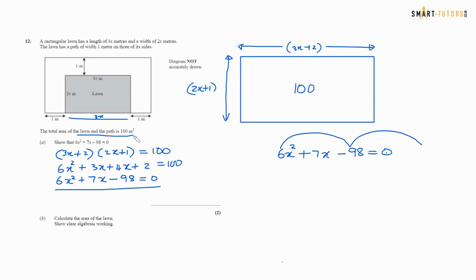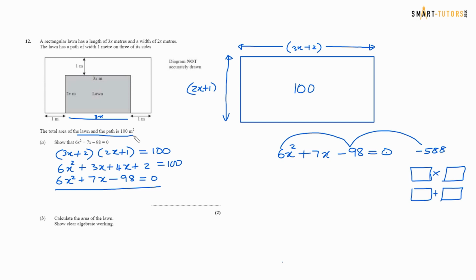Let me use the calculator. 6 times 98 is 588. So we need to find two numbers which multiply to give minus 588, and those two numbers added together give plus 7. That is the factors we need to find out.